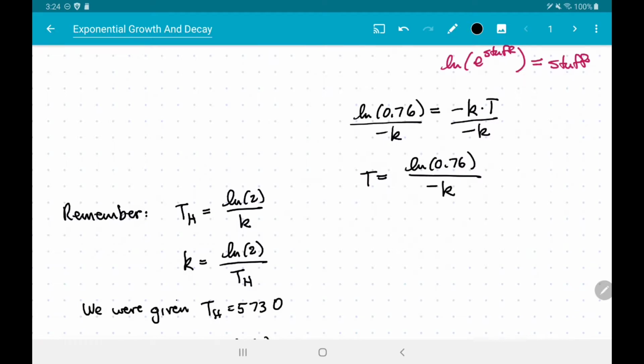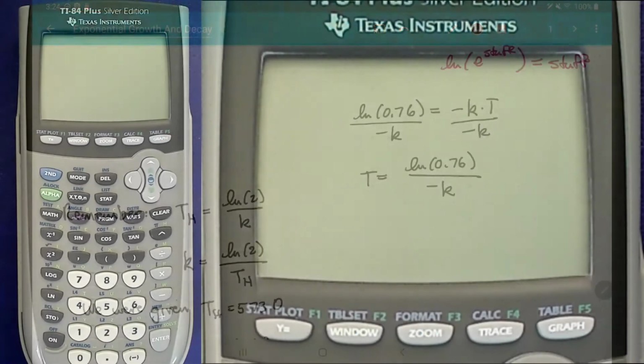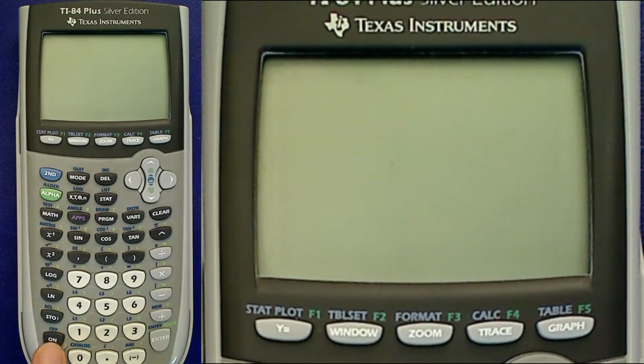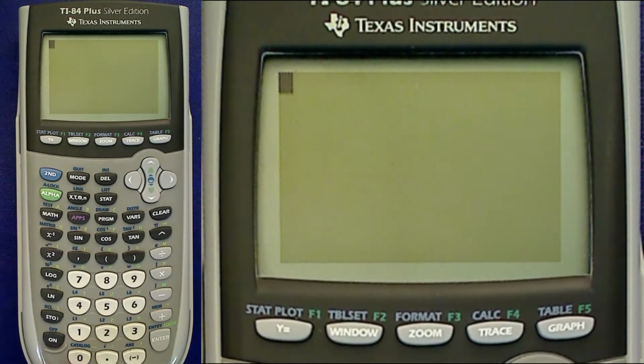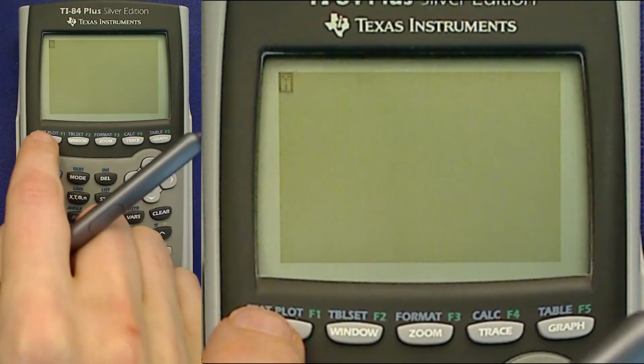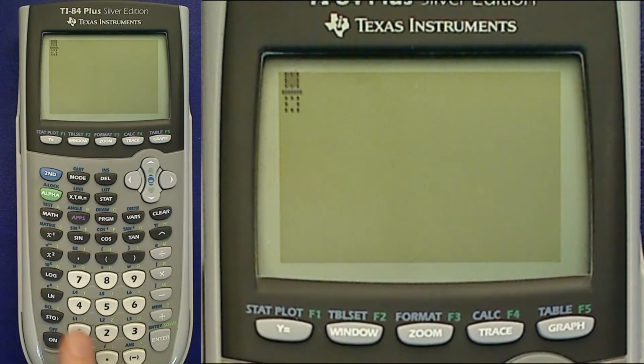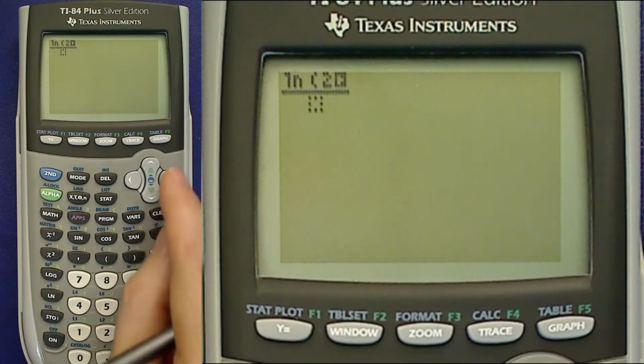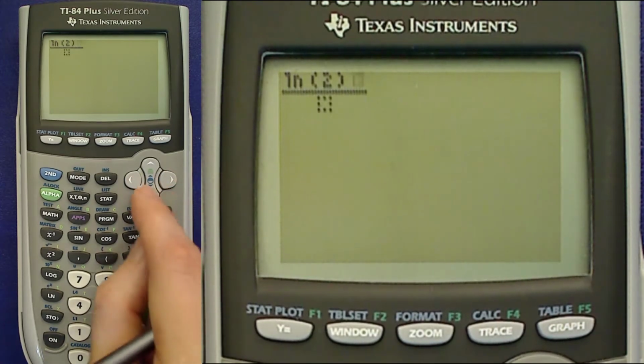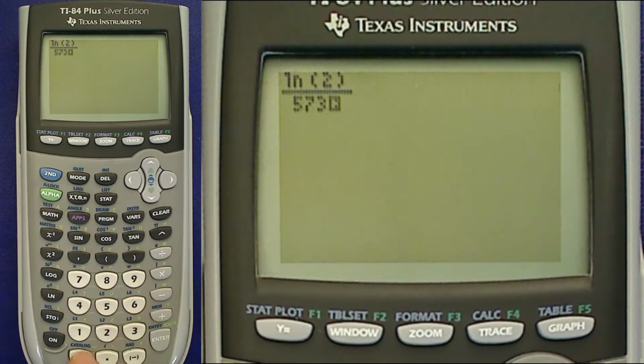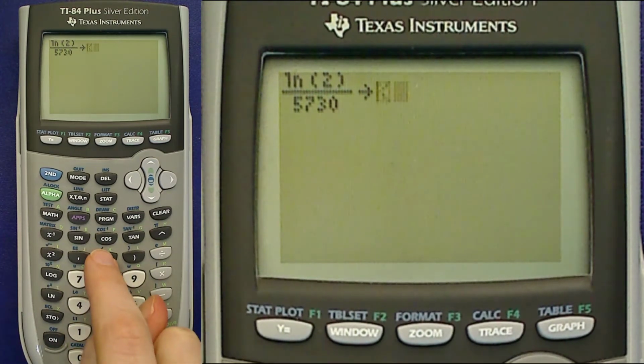Okay, well, let's go to the calculator. I need to calculate k. So I'll type a fraction and do ln of 2 and divide by 5730. Now, I want to do something else with this calculation, so I'm going to store this, and I'll be uncreative here and use memory k to store it.